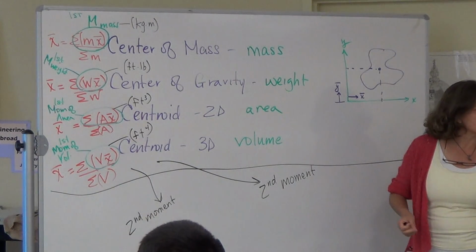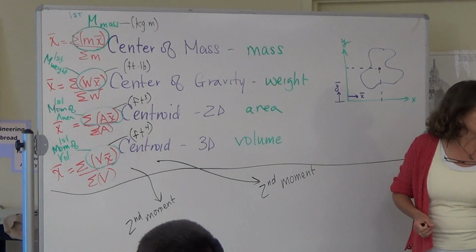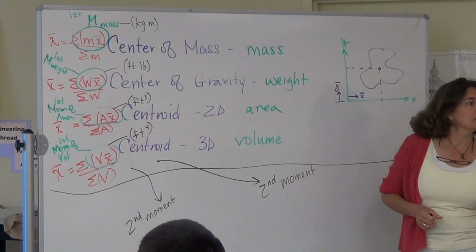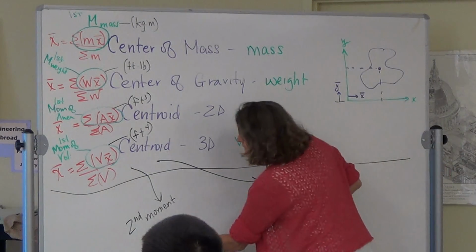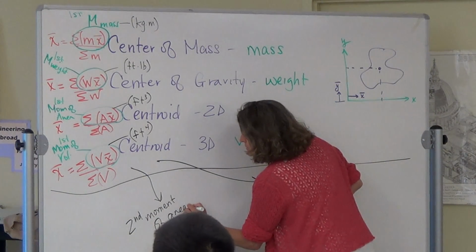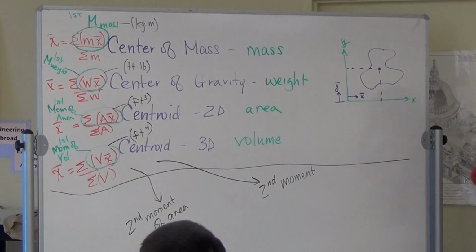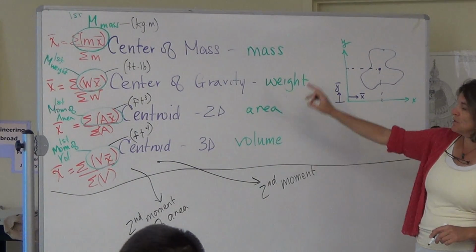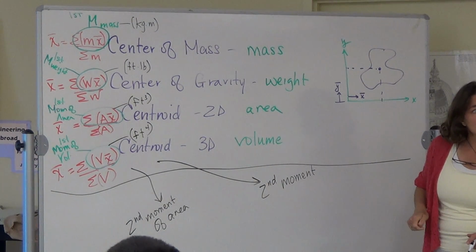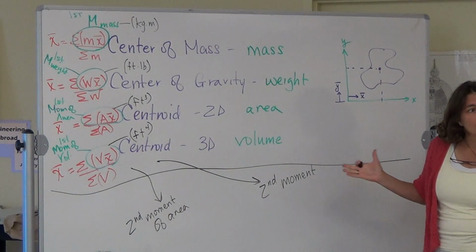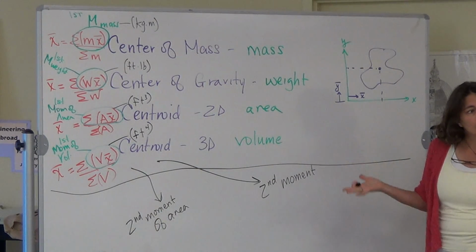Area or volume? This is the area. Good, that's right. So there's a second moment of area, and then, David, I think I skipped you. Second moment, what's the other one that there was a second moment of? Remember? The true moment of inertia, it's the distribution of what? Mass.